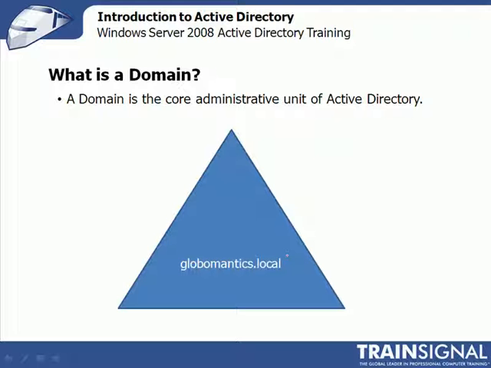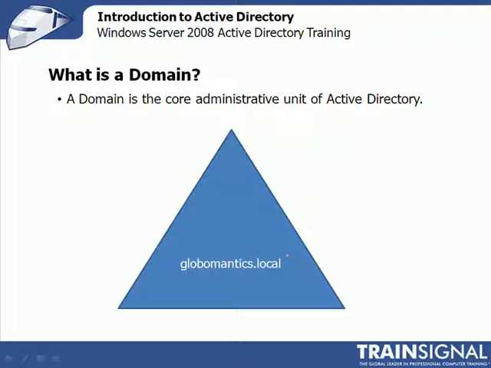So a domain, as far as what it is now in Windows Server 2008, it's really actually quite simplified. It's the core administrative unit of Active Directory. Okay, so you will see as we go through that there are different levels of where things can be stored. So we may refer to a domain as being a container because it stores things, and where things can be managed.